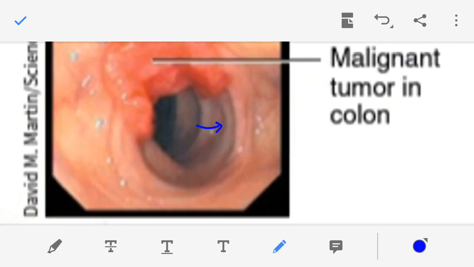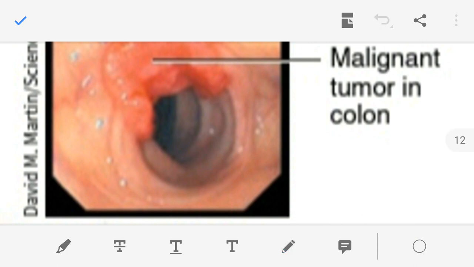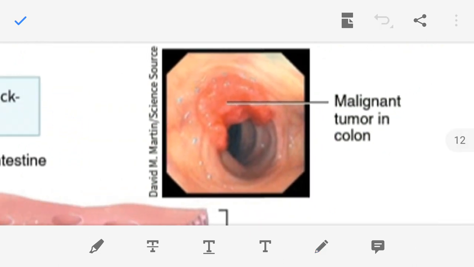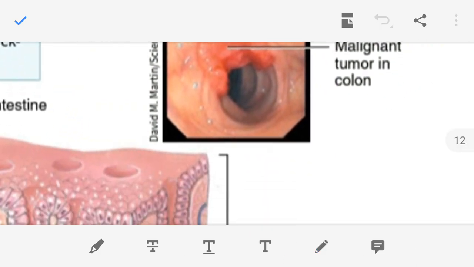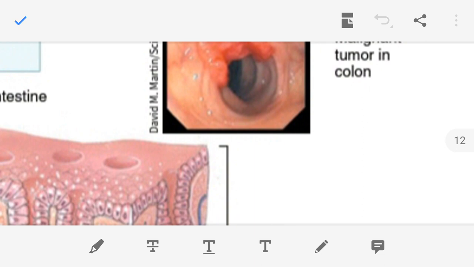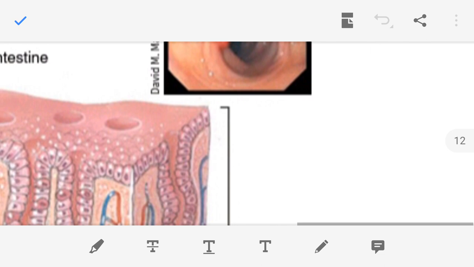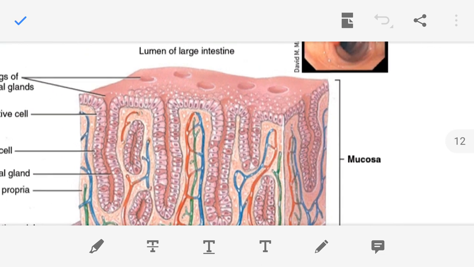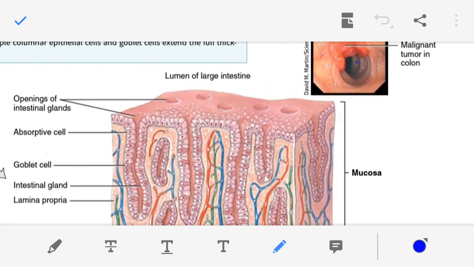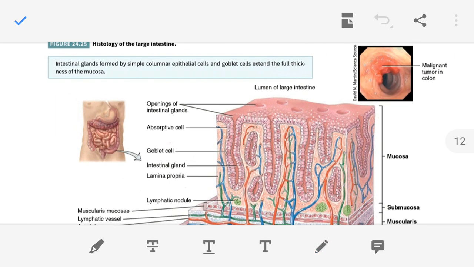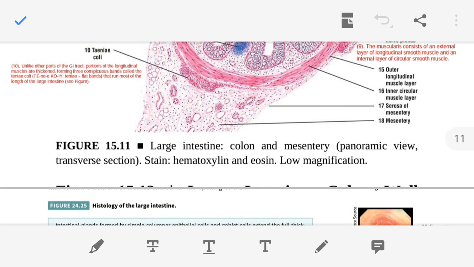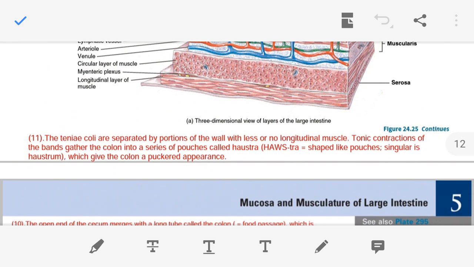Here you see the mucus is there, and it is secreted by the goblet cell. And this layer, we can say, is the mucosa layer. So now point number 11.